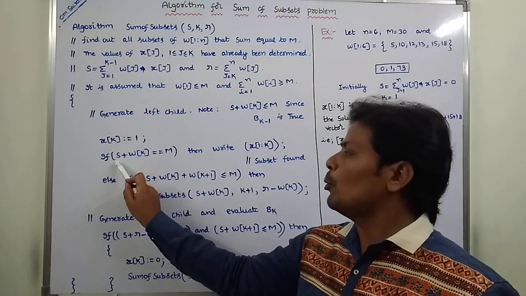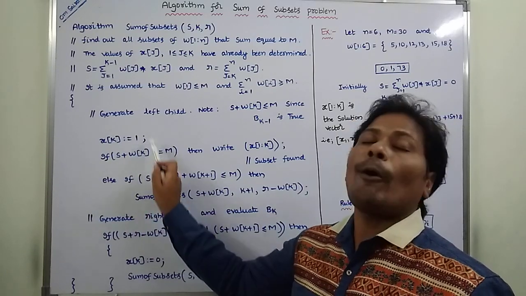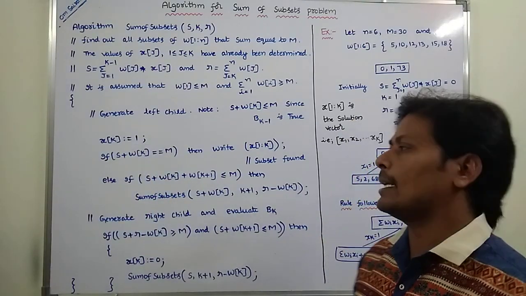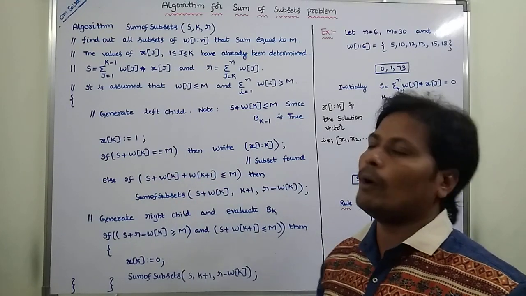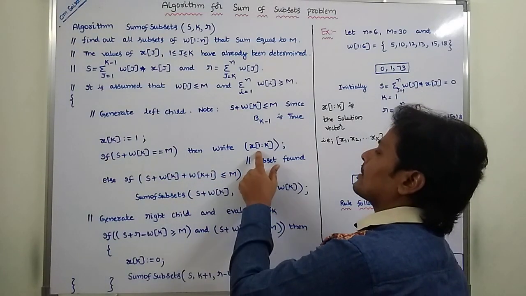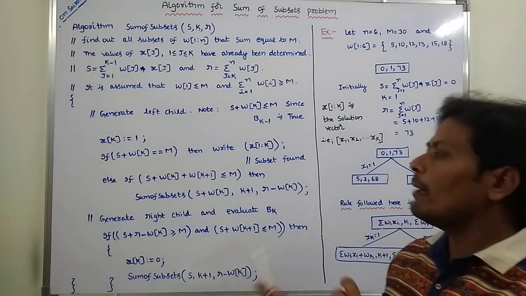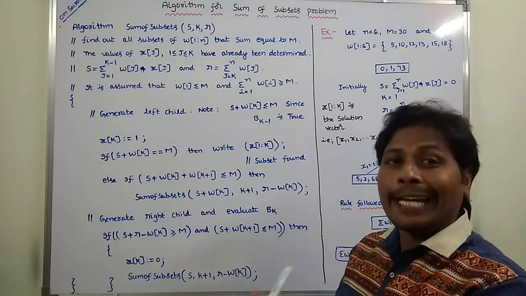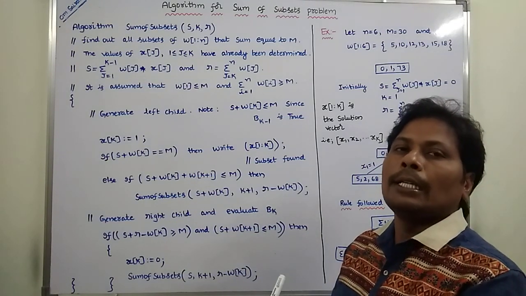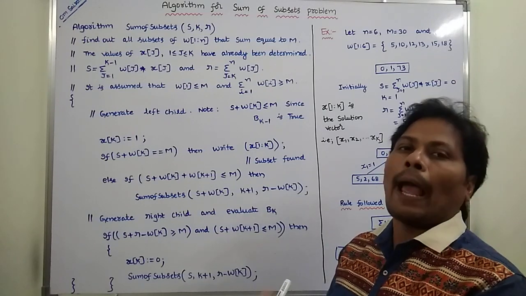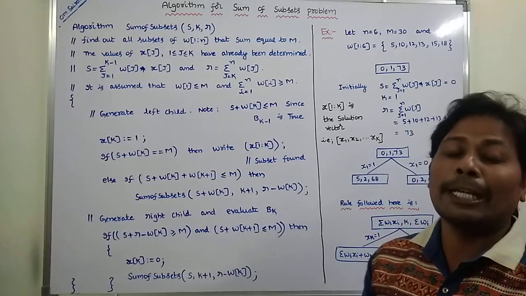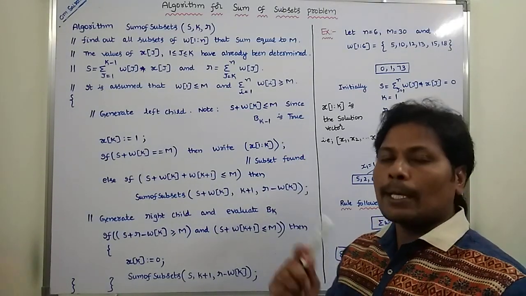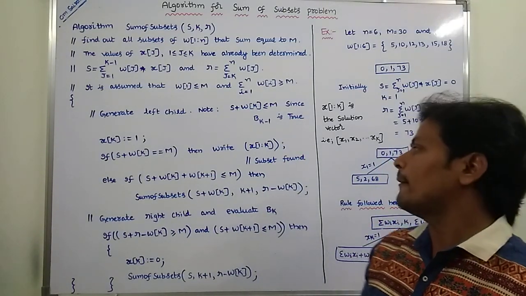So this value plus the weight of the kth object, that is W of k, is equal to M. Then write x of 1 to k. So whenever the sum of the weights in the weight vector is equal to capital M, then it becomes the solution. It becomes the subset.